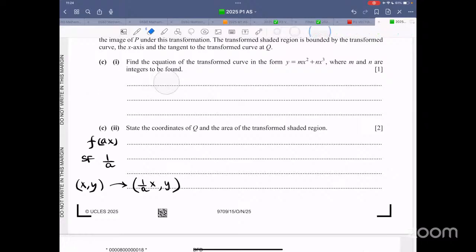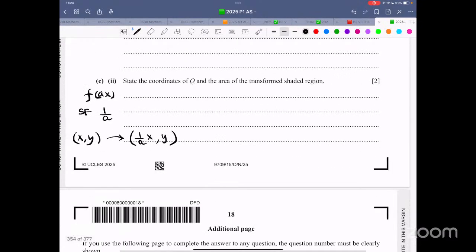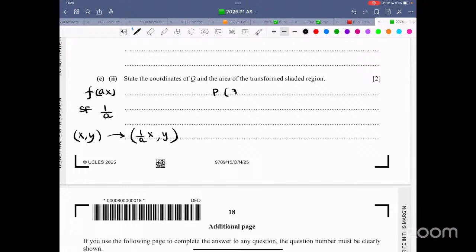And let me write over here. So over here, P is 3,9 will become Q, which is 1/3 of 3,9. Therefore, Q is 1,9. So 1 mark for this. That makes sense. Now over here, what is happening?